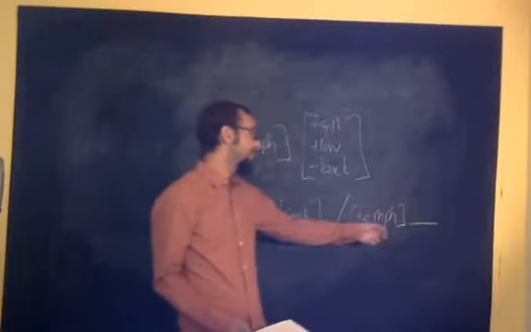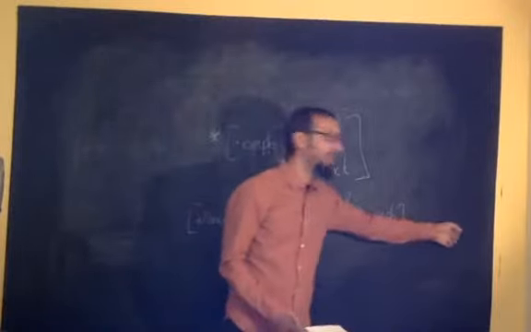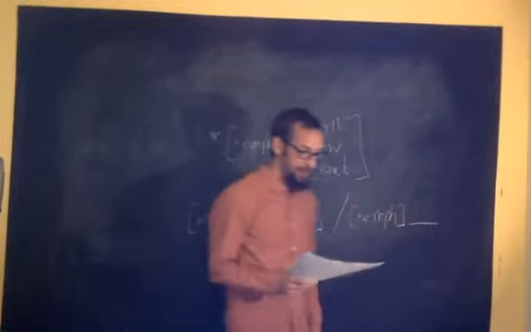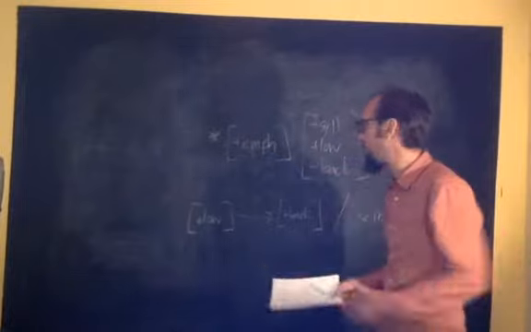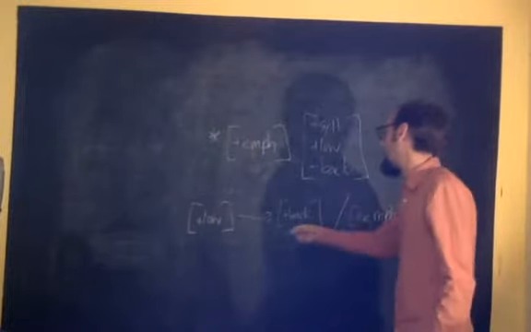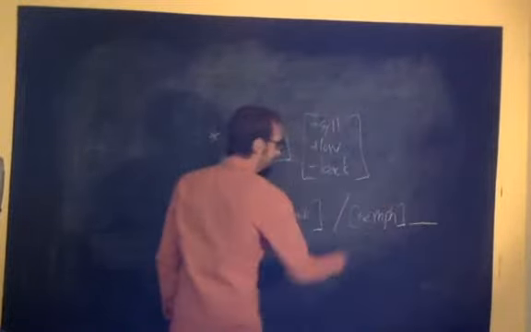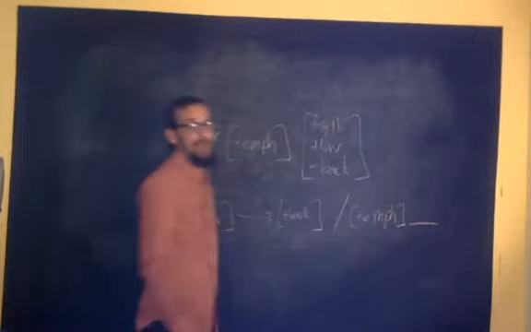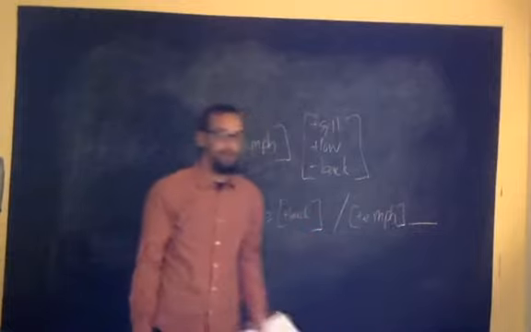And you can have a preceding context or a following context. This is sometimes also called the environment of the rule. So if you think about this as A becomes B in the context of preceding C and following D, this happens to be nothing in this rule, but there could have been another feature there.